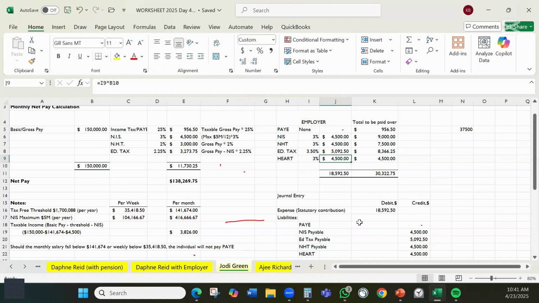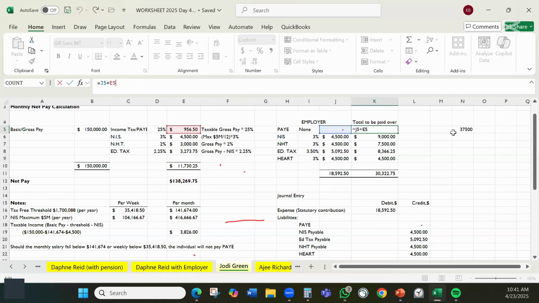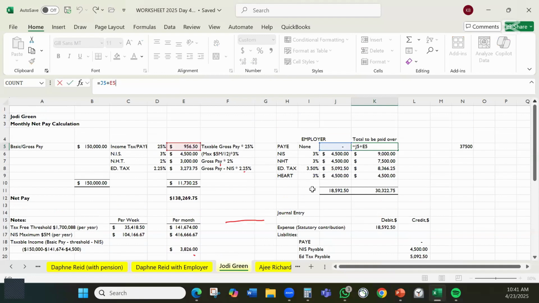That's what makes up the totals, like the 9,000, the 7,500, the 8,300 is the employee's. This is a total. You see the thing highlighted? So it's E, which is the employee's portion, and nothing for the employer.